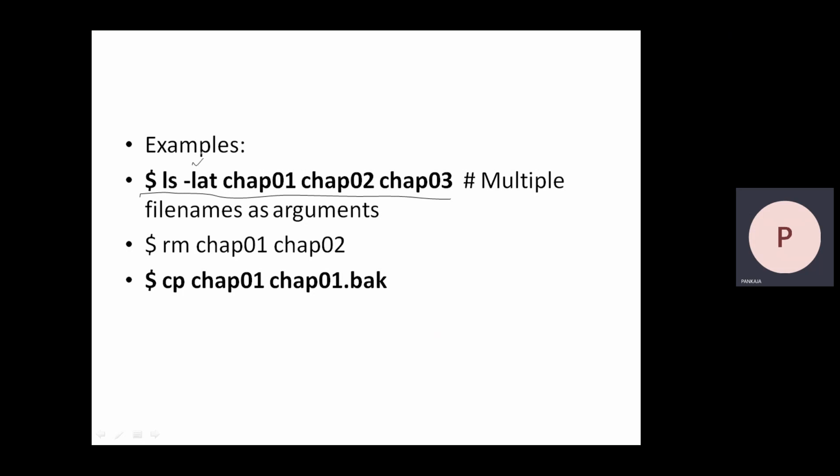I told -l indicates it is going to list the complete file attribute information, including access permission, when it is created, when it is modified, in which terminal, everything you are going to get from this -l. We'll look into -l, -a and -t later, and these are all three options, followed by three file names as arguments. This is one file, chapter 1, then give proper space to chapter 3. So a command can always accept more than one file name as an argument.